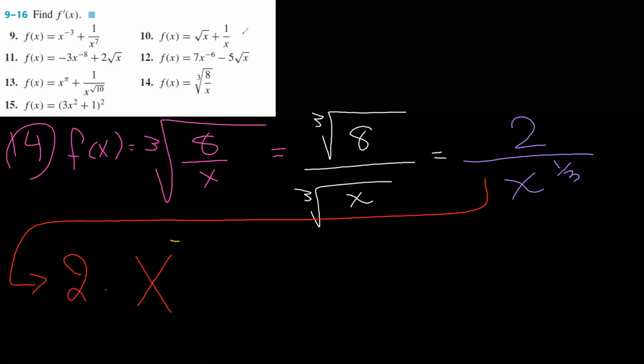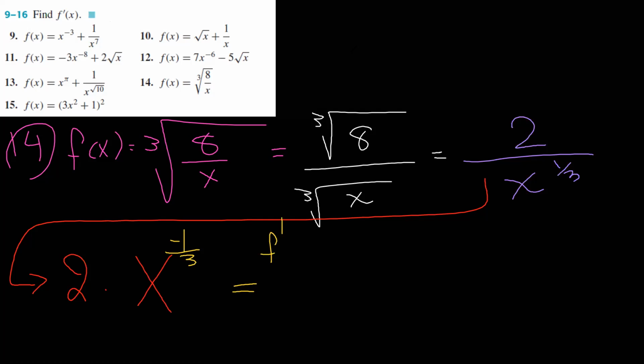Negative, thank you. Negative 1 over 3. Then now I want to find the derivative. All of this before, you know it from grade 8. Now you go back to grade 11. Here now I want to find the derivative.